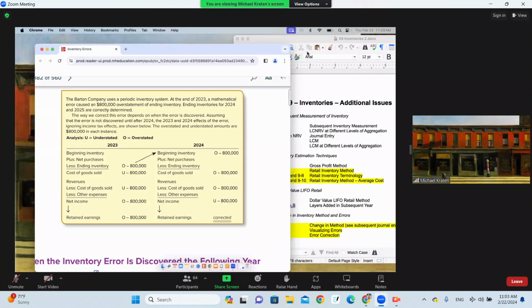So this is actually an initial introduction, in the sequence of financial accounting courses that you're taking, to a concept known as timing differences. At the end of 2023, there is a problem, which means that if at the end of 2023 you issue your financial statements and people are looking at your 2023 financial statements and 2024 hasn't happened yet, you've got incorrect 2023 financial statements.